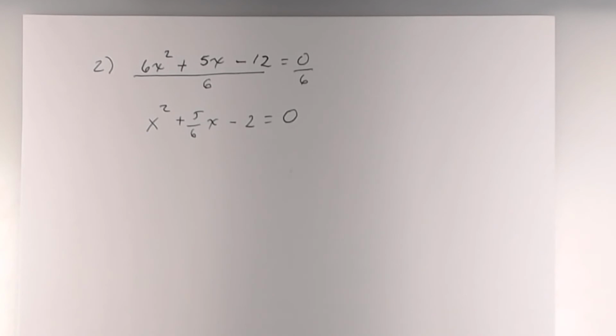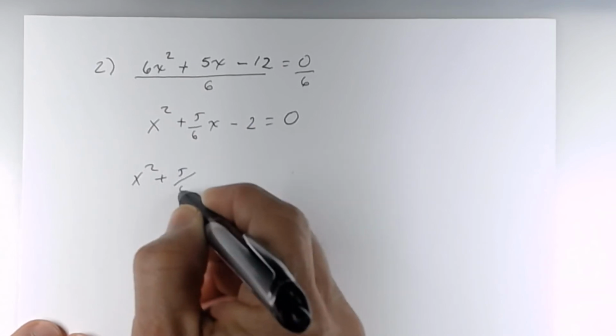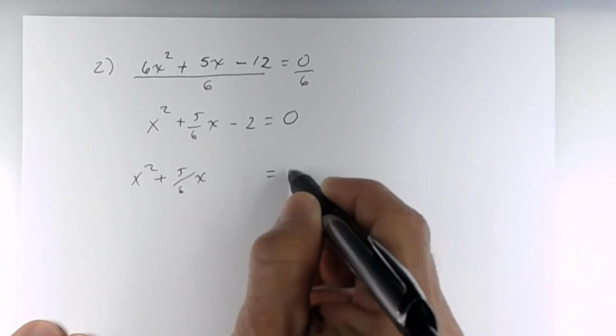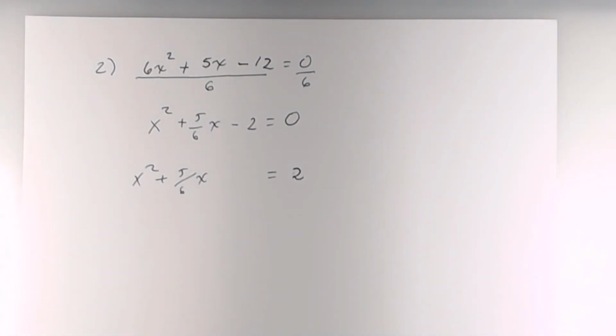What's the next step? Add 2 to both sides and leave some space. So I get x squared plus 5/6x, I'm leaving some space, equal what number? 2. Okay, it's equal 2. Now what's the next step?